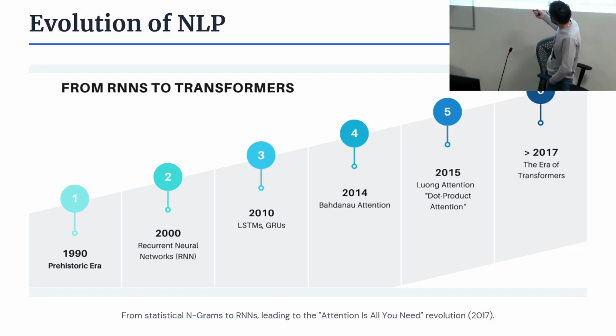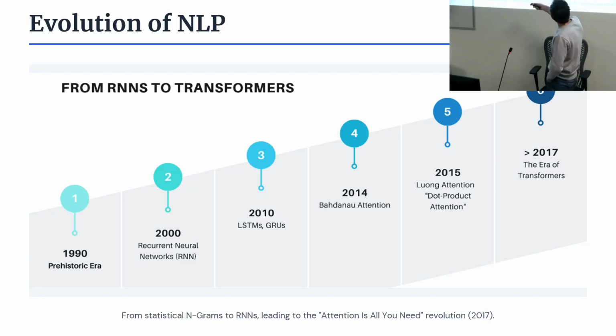Then around the year 2000, when neural networks were already used in many fields, recurrent neural networks, which we already mentioned, a specific architecture of neural network that is able to remember information, came into the picture and advanced what we can achieve with natural language processing.